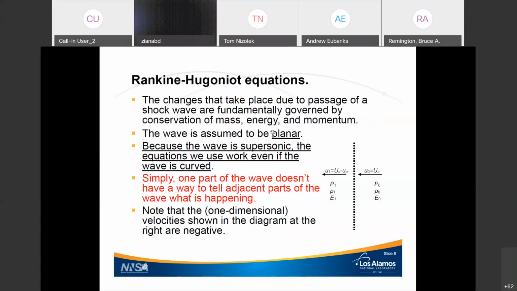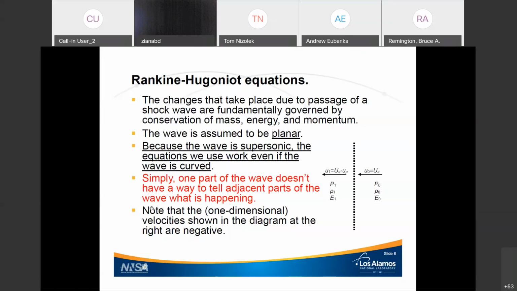Again, I point out the wave is assumed to be planar because it's supersonic. The equations we use work even if the wave is curved. Now, what happens behind a curved wave is a different matter. But as far as the material going through the wave is concerned, it will see the wave as a plane. I'll be freely switching back and forth between speed and velocity.